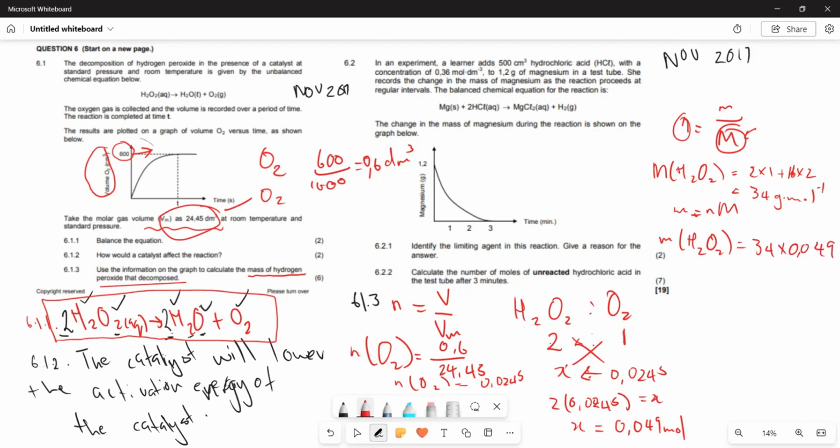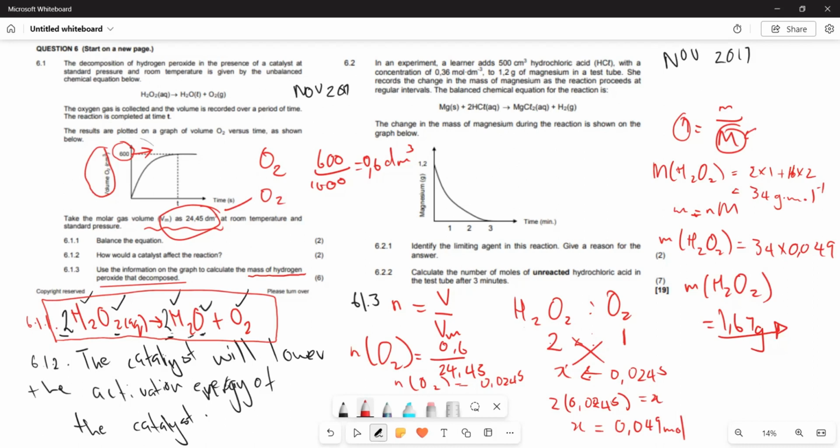Are we together? Then you plug this in your calculator, and the mass that we are going to get for H2O2 is 1,67 grams, right? So this is how you calculate your mass of this. Hopefully, this makes sense to you.